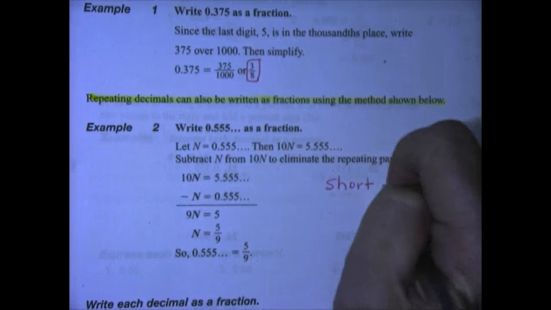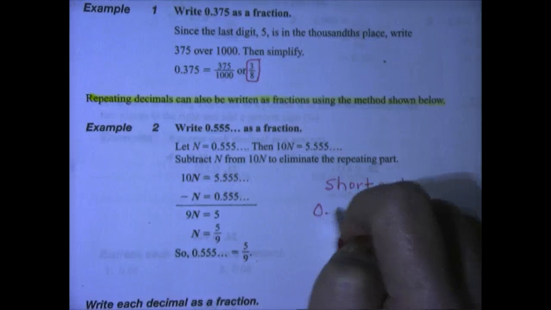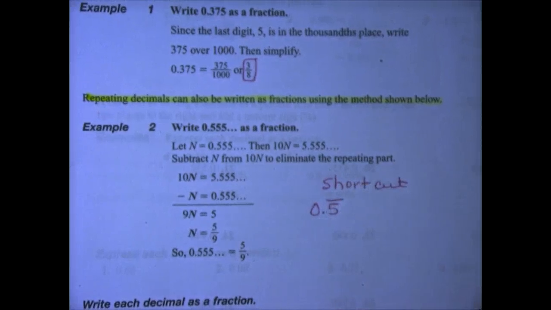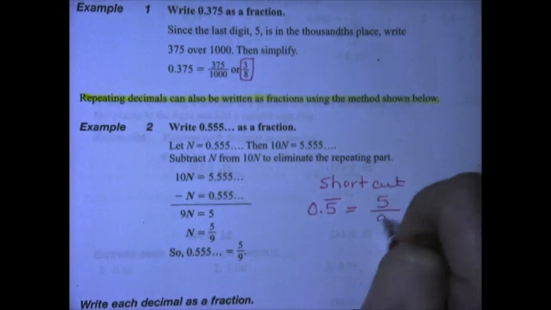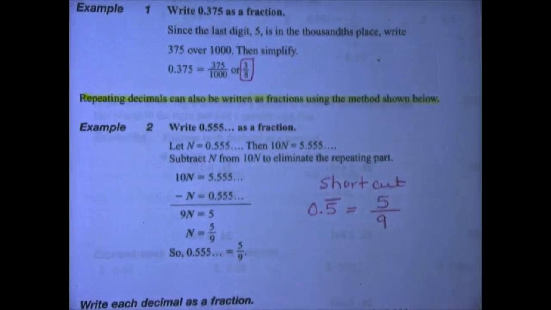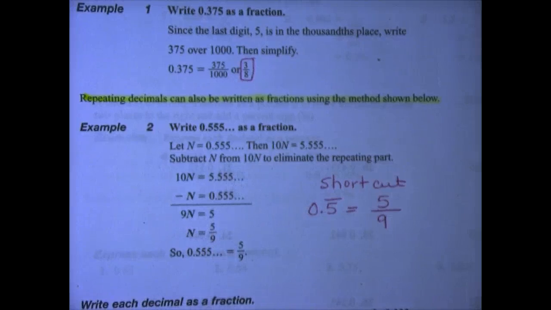And most of us have learned that shortcut at this point: anytime we have a number repeating, such as 0.5 repeating, we take that number and we put it over 9. That's when one place is repeating. Remember, if we have two places repeating, we put it over 99, and then we figured out on our own that if we have 3 places repeating, we'd put it over 999. So if you remember the shortcut, there's no need to go through this whole process.